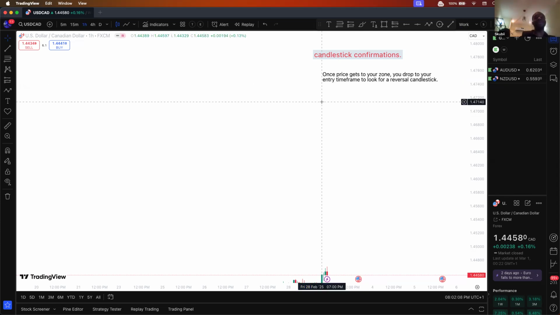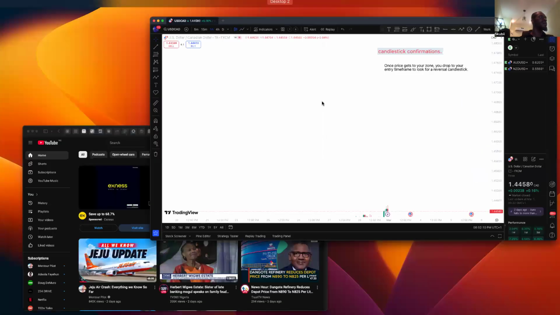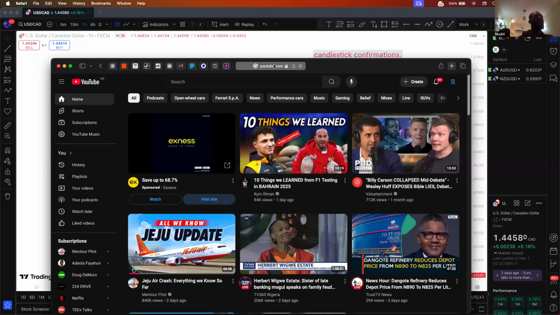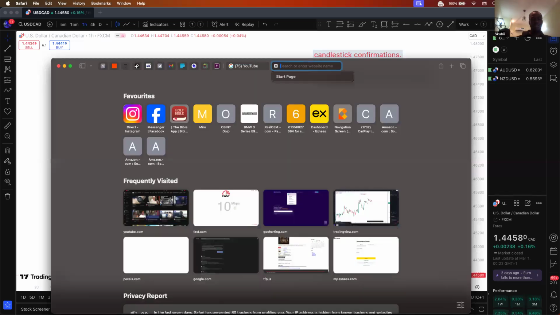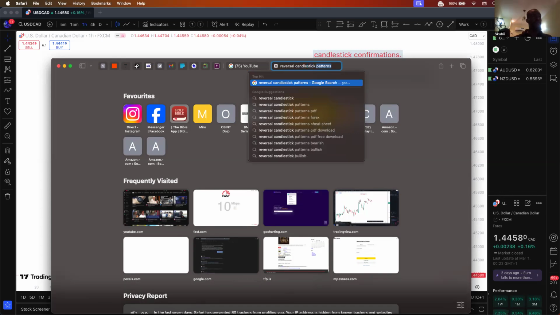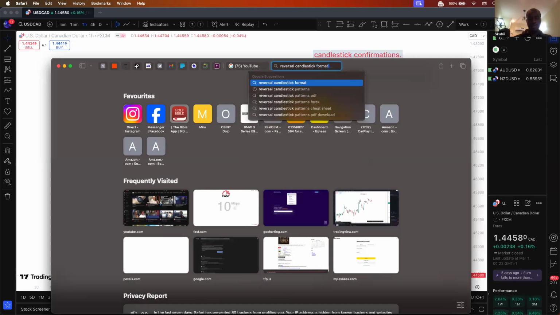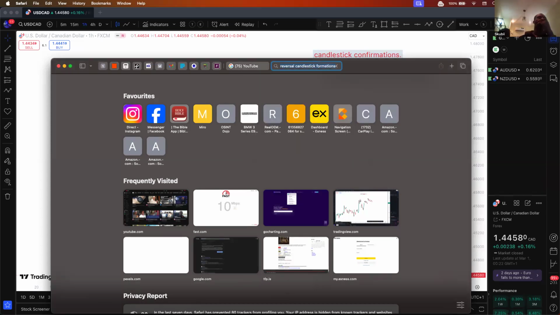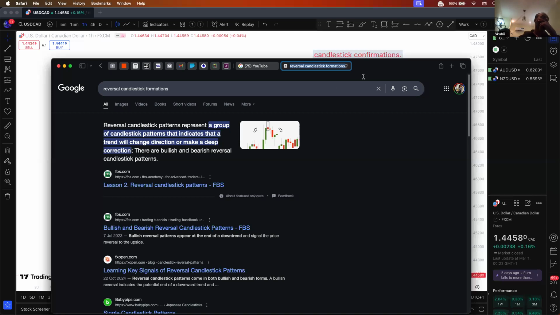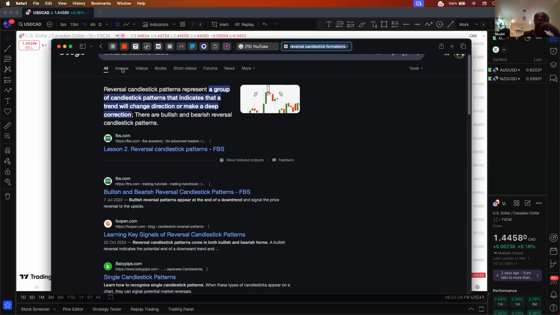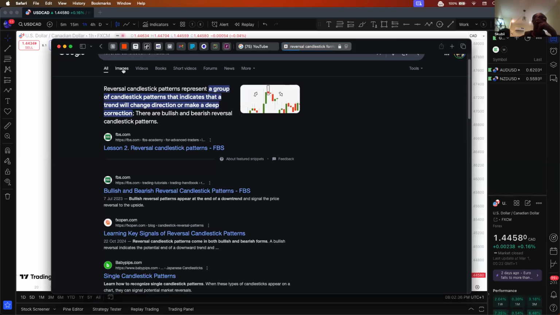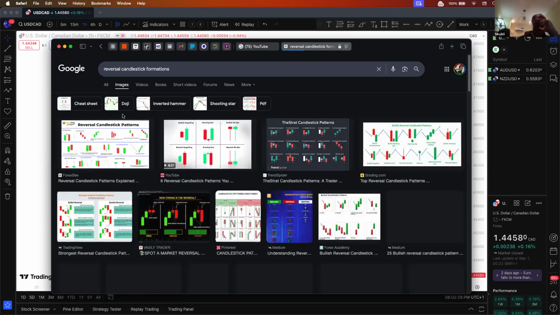Now, reversal candlesticks. Reversal candlesticks are a lot. If we go to my browser here and Google reversal candlestick formations, or reversal candlestick patterns, and go to images, you see that we have a lot of them.